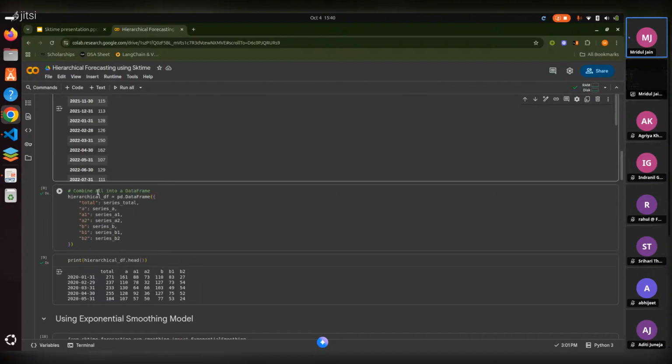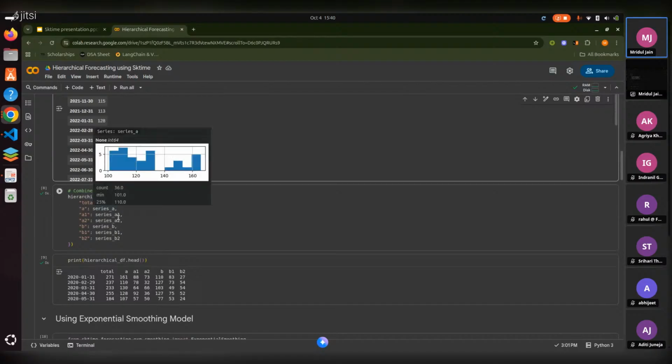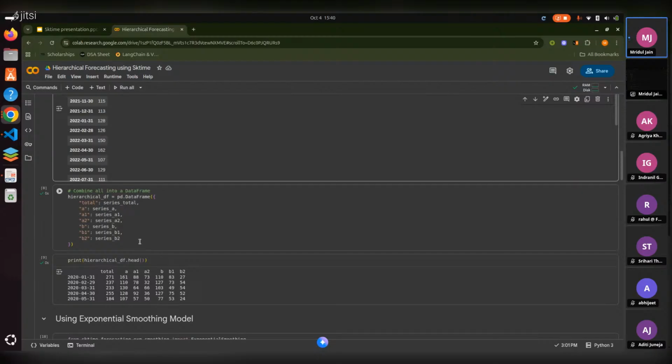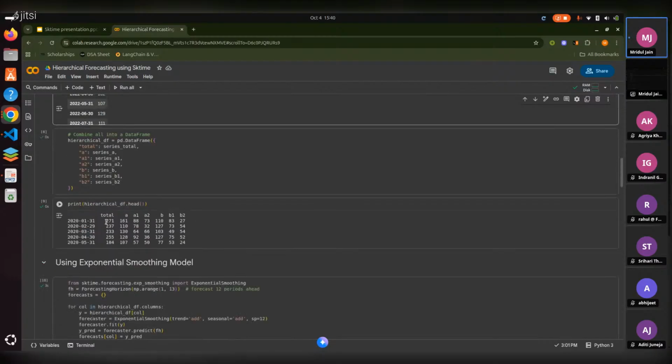So we convert this to a pandas data frame in the form of a table. We print it, and we can see the total sales, total A, total B, and then the individual A1, A2, B1, B2 datasets, or the lists of values, right?